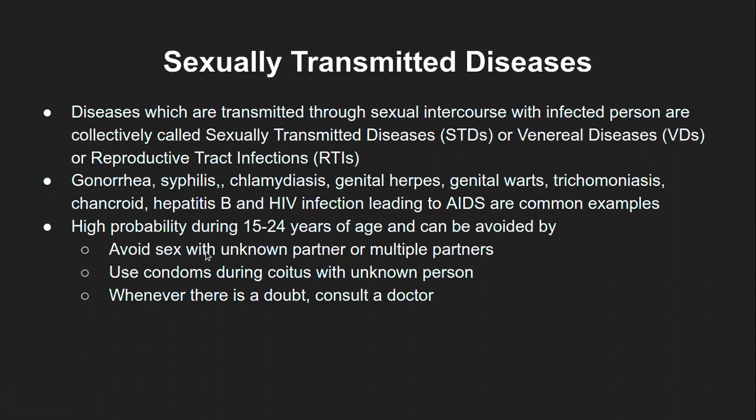Another means of avoiding STDs is the use of condoms, specifically physical barriers as a means of contraception. Using a male condom is the best way of preventing this infection, especially during coitus, that is sexual intercourse with an unknown person. And whenever there is a doubt, consult a doctor.